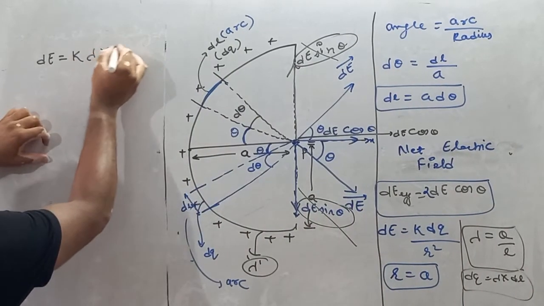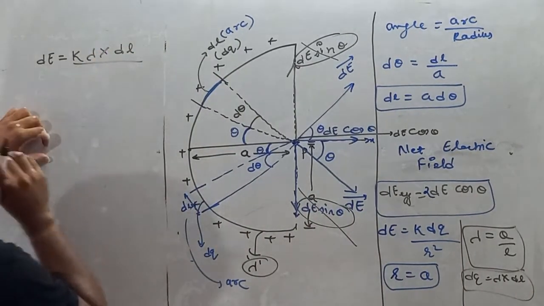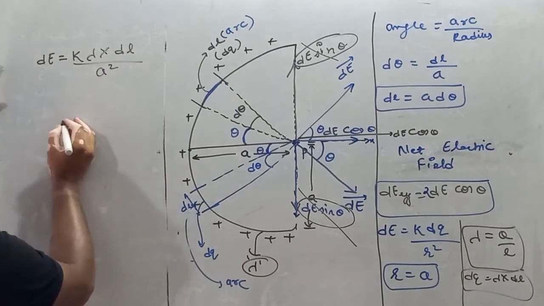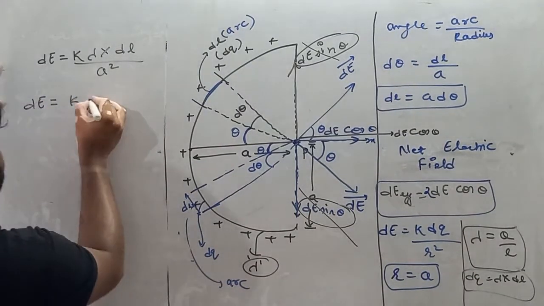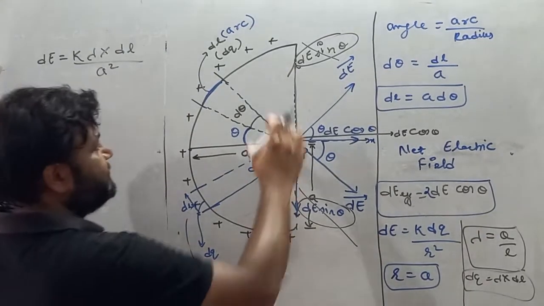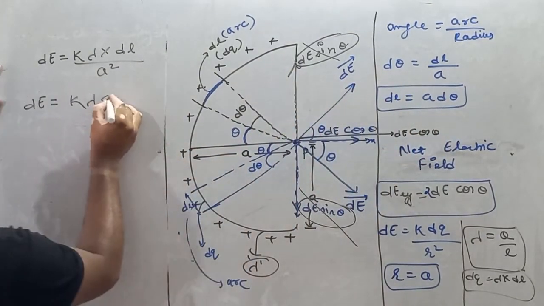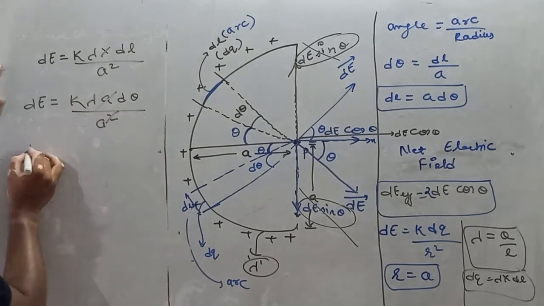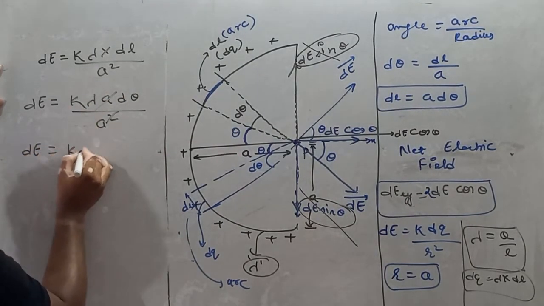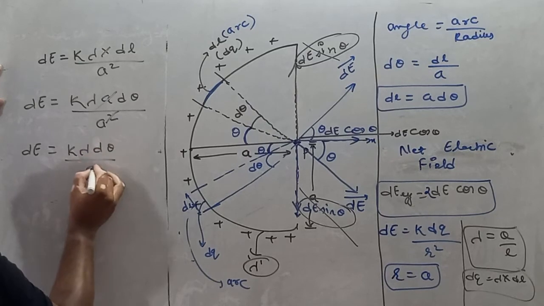So dE is equal to k into lambda into dl divided by a square. Here dl is basically the arc, it is a into d theta, divided by a square. One a gets cancelled, so dE is equal to k lambda d theta by a.